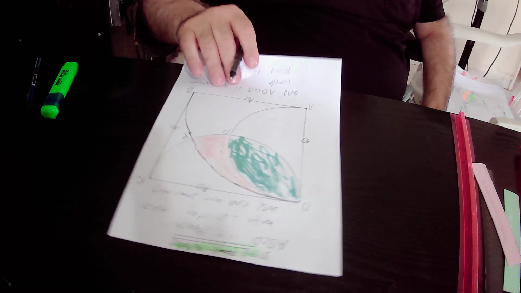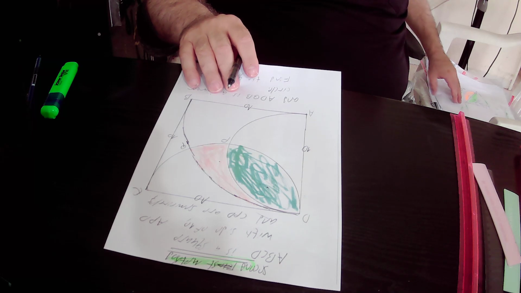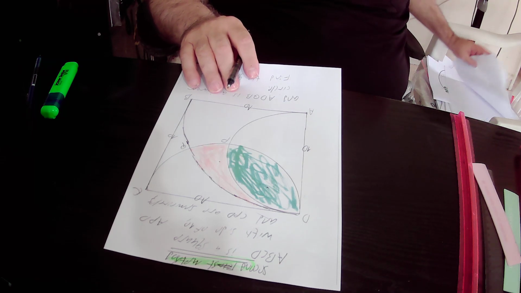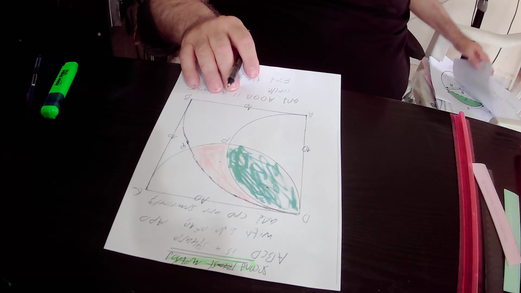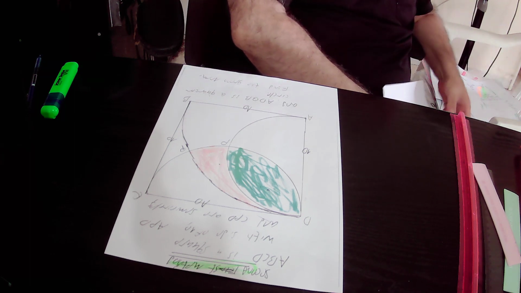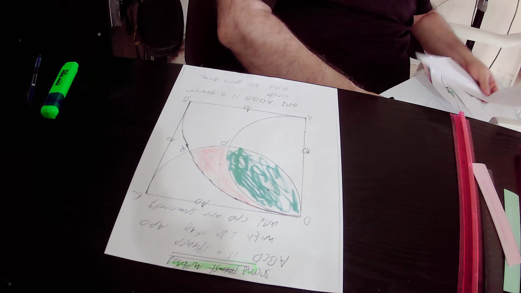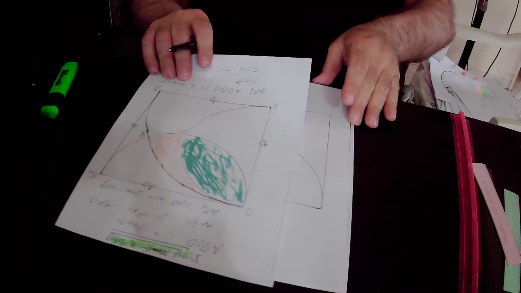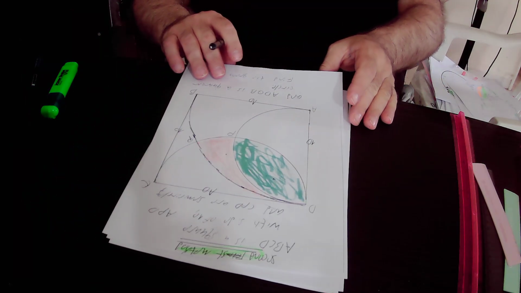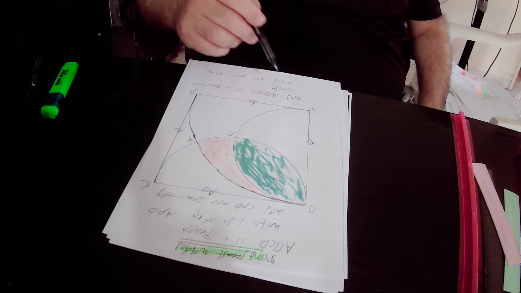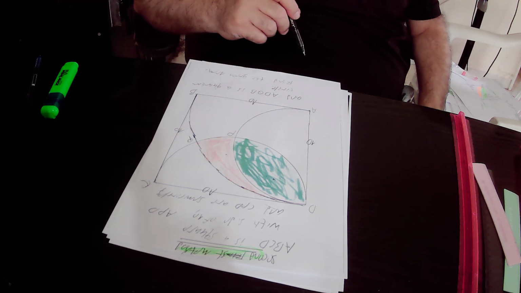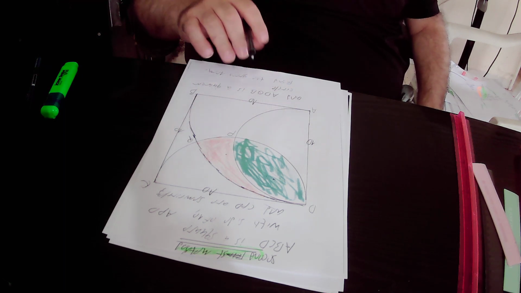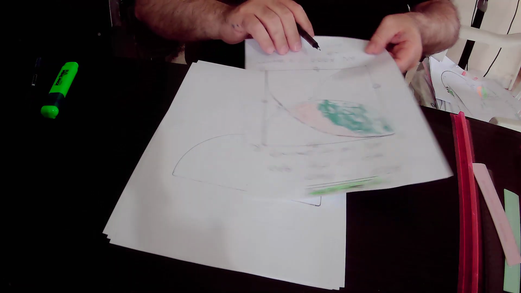Okay? First of all, we will find the area of the blue lens, and then we'll find the area of the big lens. Okay?